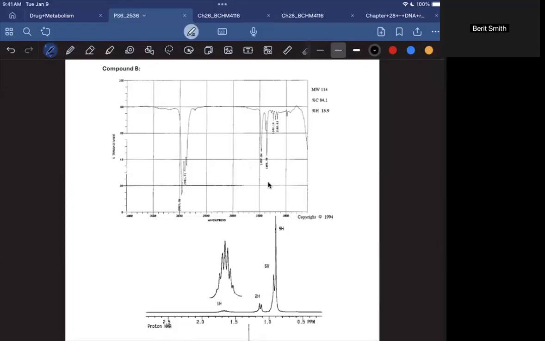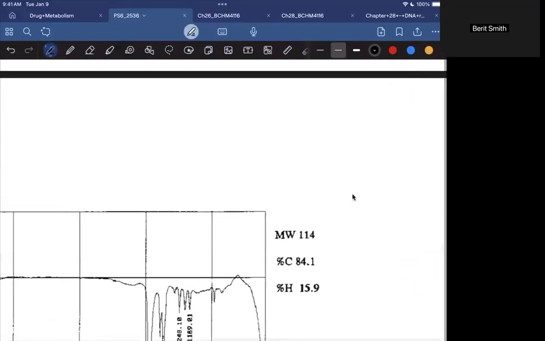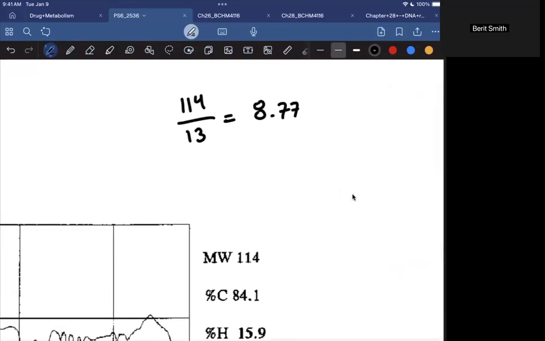Okay, so this one did give us the molecular weight. So the first thing I'm going to do is the rule of 13, which is just dividing the molecular weight by 13. And then that gives you 8.77, but you don't want those decimals. You find the remainder of it.